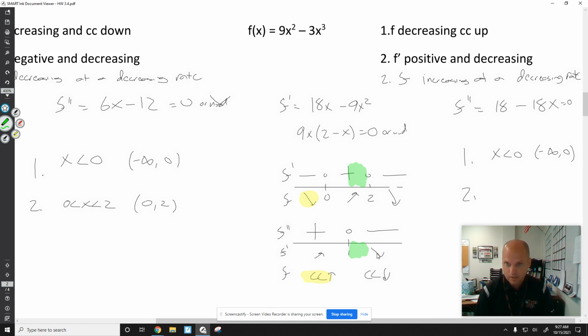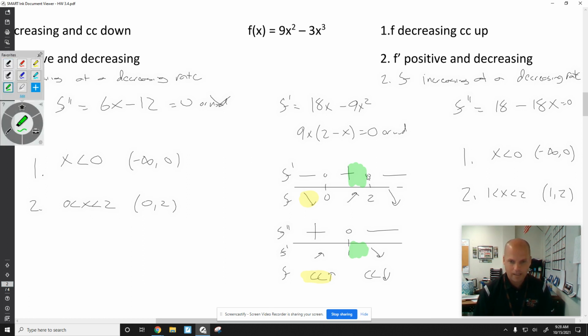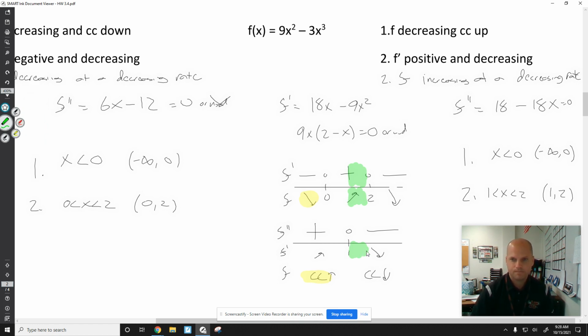F prime decreasing, F prime positive, F prime decreasing, 1 to 2. If I said F is increasing at a decreasing rate, what you would have done is highlighted F is increasing and then at a decreasing rate, F prime is decreasing, boom, right there.